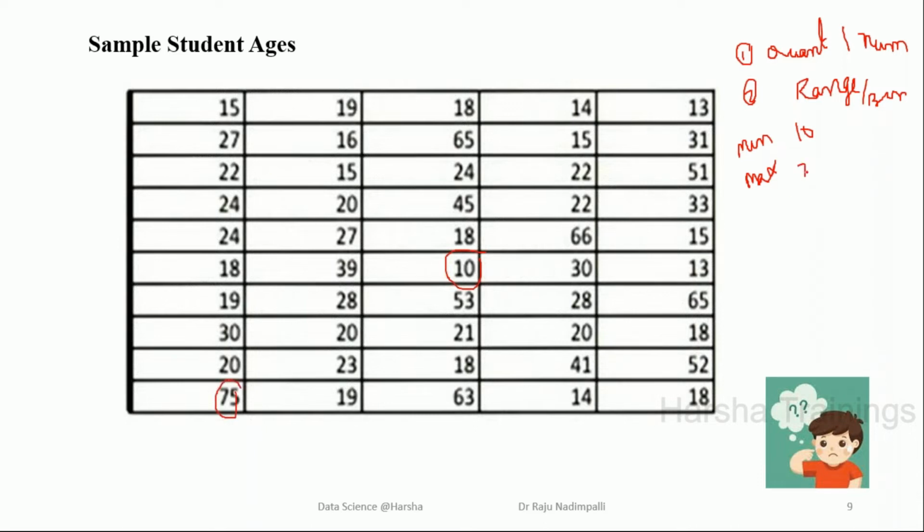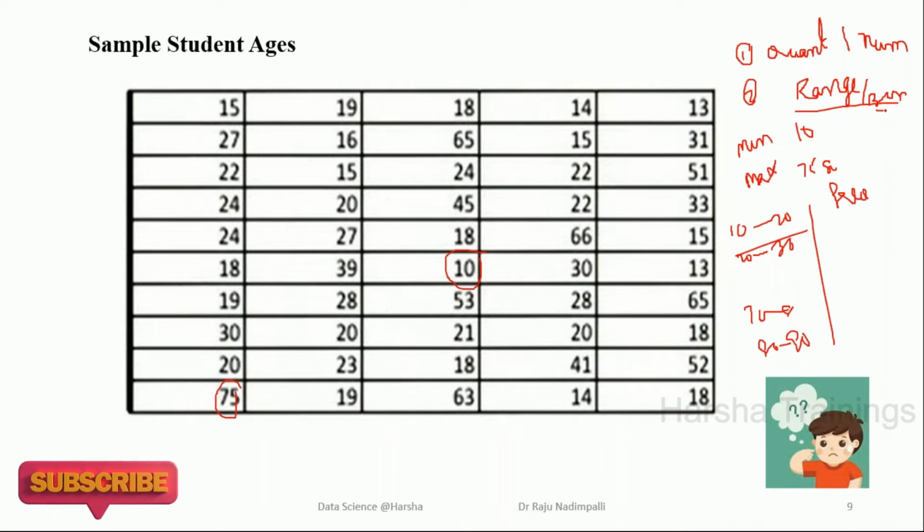If you make it 80, I can convert it into ranges of values: 10 to 20, 20 to 30, like this, 70 to 80, 80 to 90. Now, between 10 and 20, how many students are there? Here I will write the frequency. This is called a bin, also called a bucket. How many people fall in the range of 10 to 20?